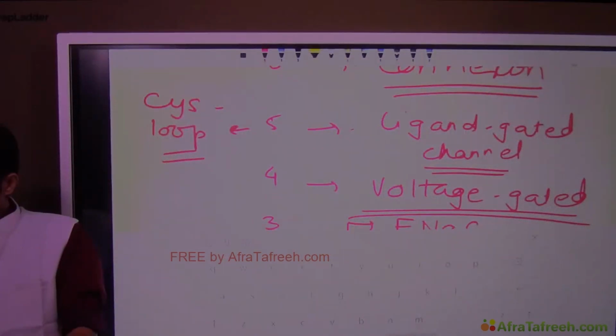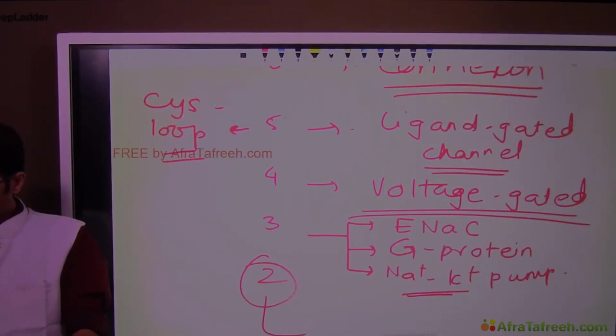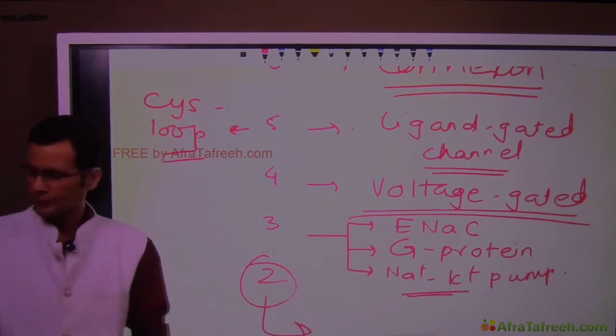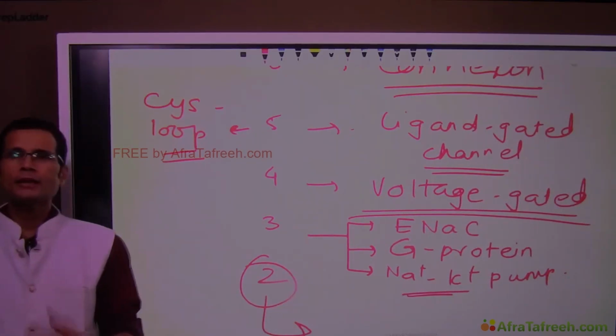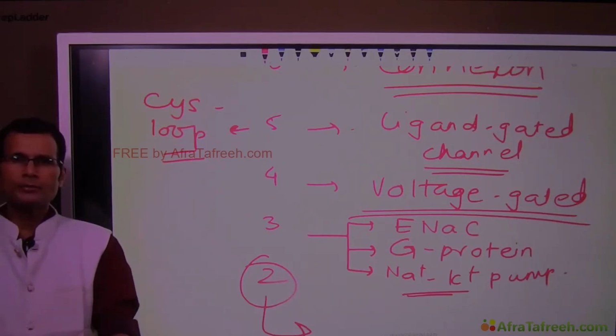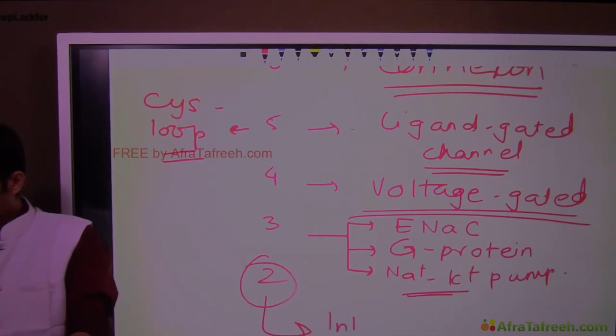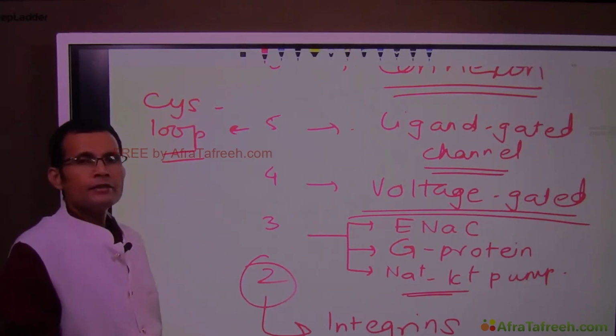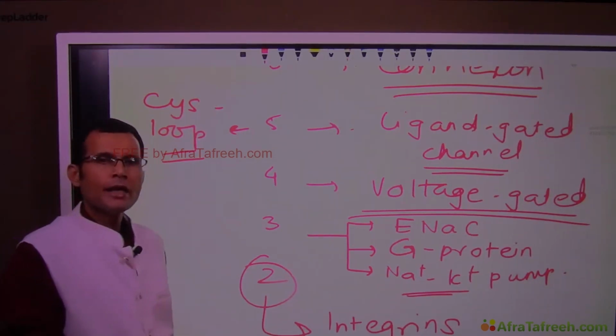Then 2 subunits. There are lots of proteins with 2 subunits, like an insulin receptor, alpha, beta subunits, or integrins in the cell membrane. Integrins are the proteins which are dimers.